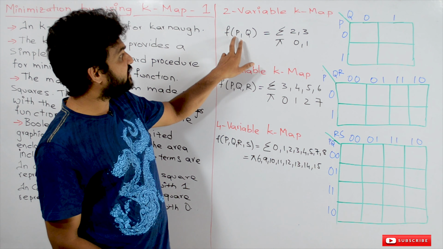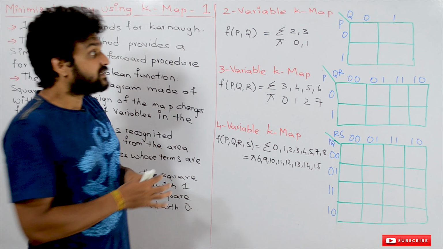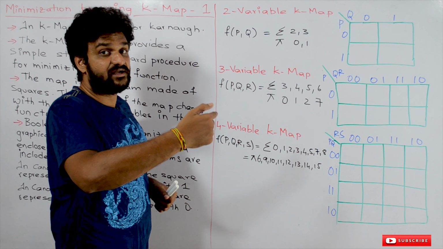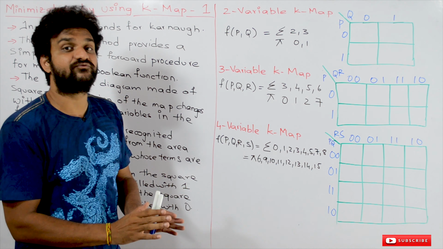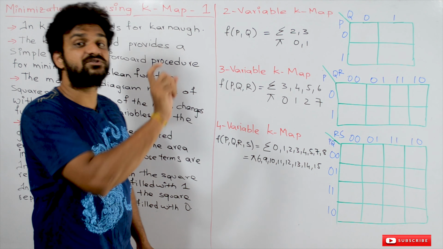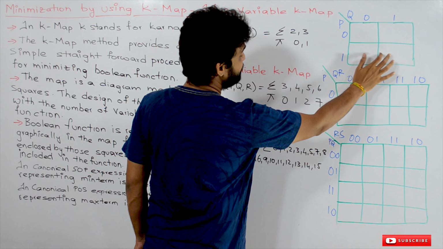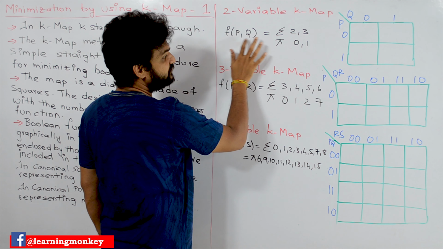For example, this is a function with two variables. The design of the K-map is based upon the number of variables in the function. This K-map is designed for a two variable Boolean function.